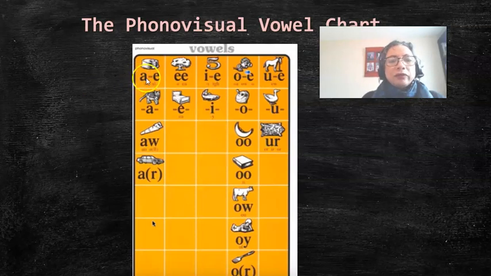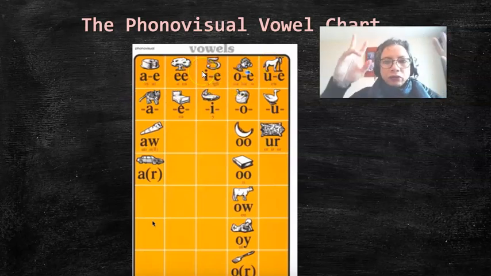Cake A, tree E, five I, rose O, mule U. Again: cake A, tree E, five I, rose O, mule U. Now these 5 are what I would call the normal vowels.